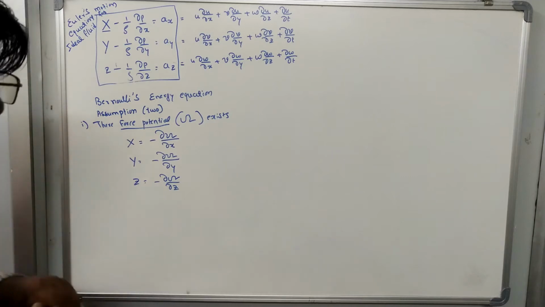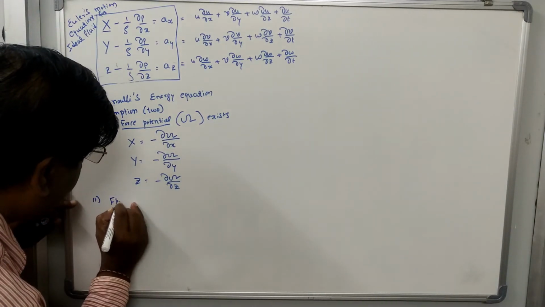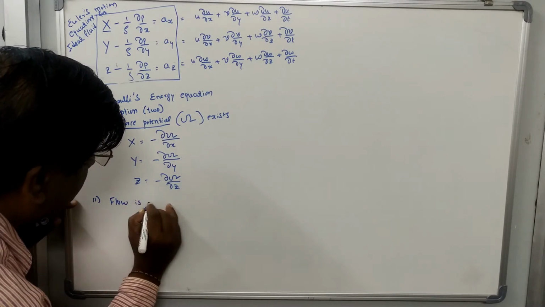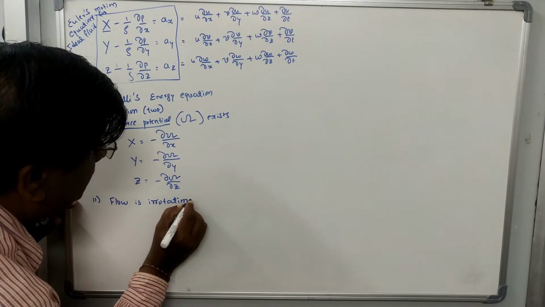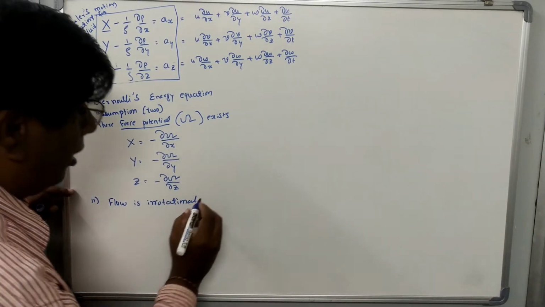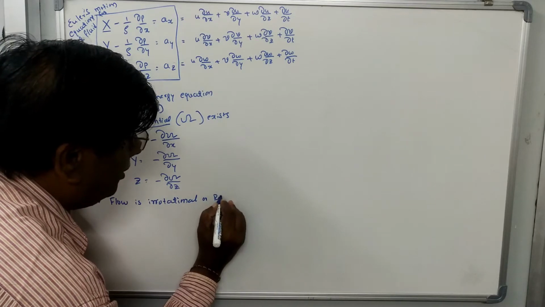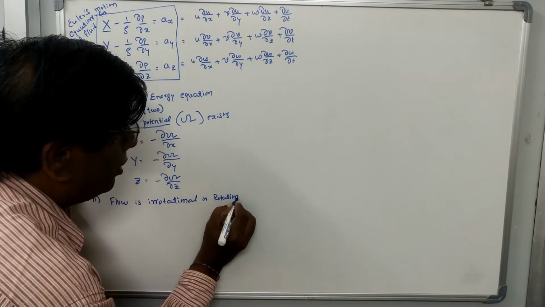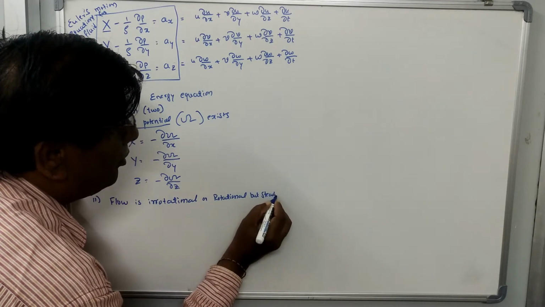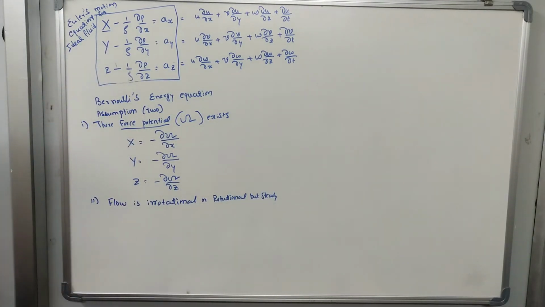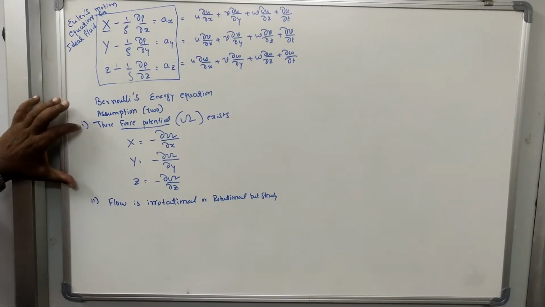Second assumption, we have considered the flow is irrotational, or it may be rotational but steady. These are the two important assumptions.